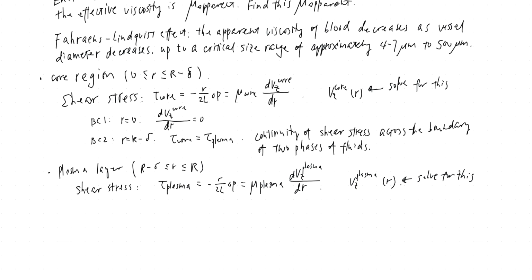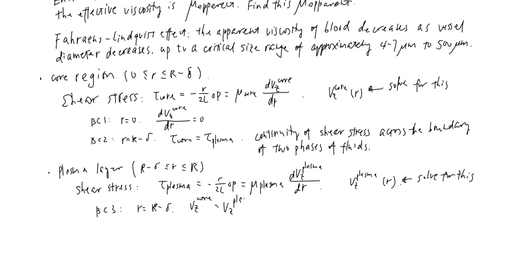Now let's look at the boundary conditions for the plasma layer. We have boundary conditions 1 and 2 for the core region. Let's continue to write boundary condition 3. Because this is the entire problem, we can treat it as 2 equations and 4 boundary conditions. So at r equals R minus delta, at the interface, we have the continuity condition of the velocity: Vz core equals Vz plasma.